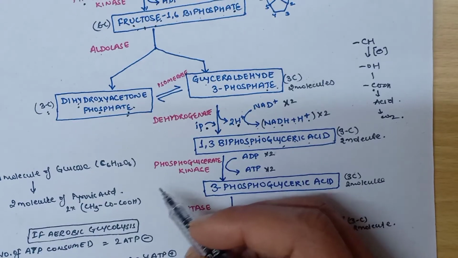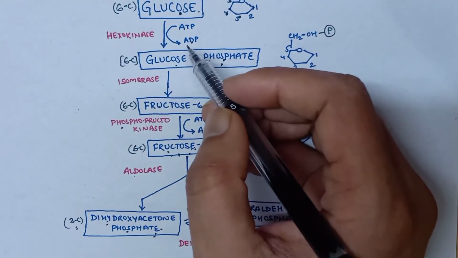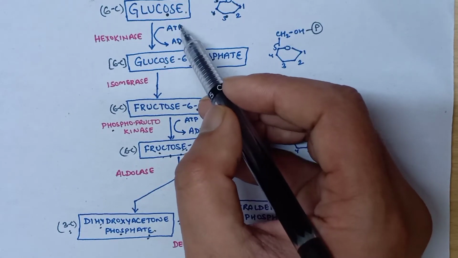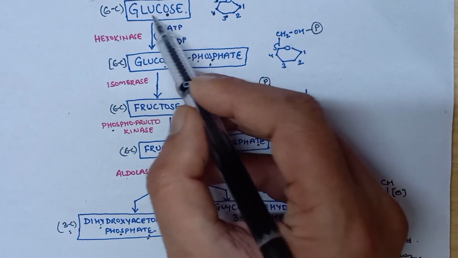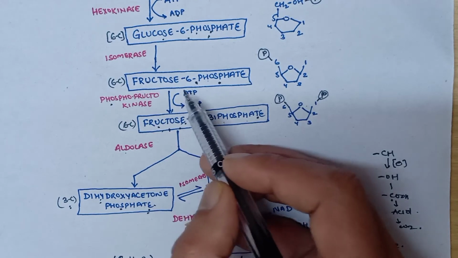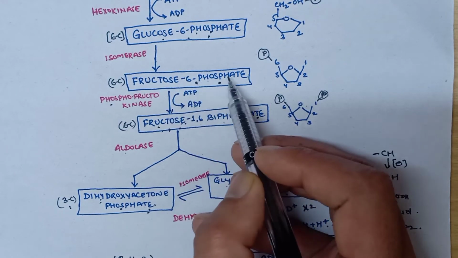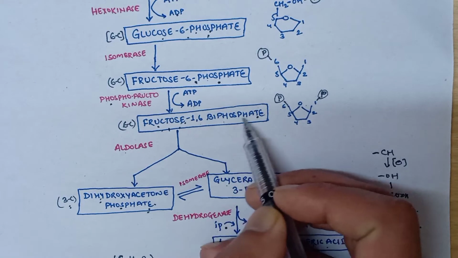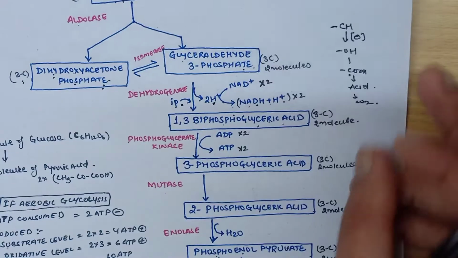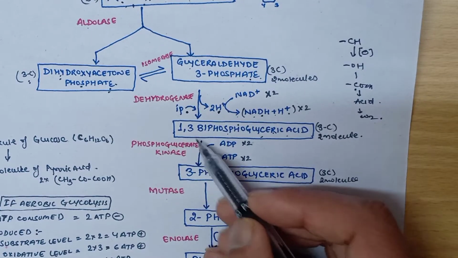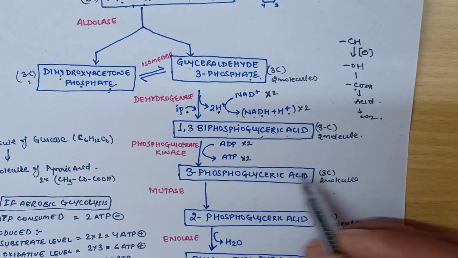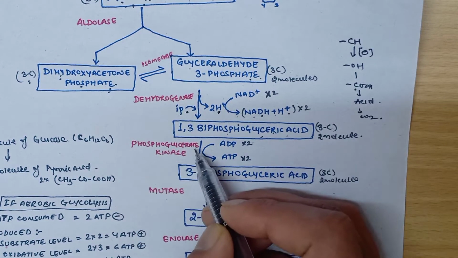Now coming to ATP calculation, we saw that the number of ATP consumed was 2. 1 ATP is consumed during the conversion of glucose to glucose 6-phosphate, and another ATP is consumed during the conversion of fructose 6-phosphate to fructose 1,6-biphosphate. Now ATPs are produced when 1,3-biphosphoglyceric acid gets converted into 3-phosphoglyceric acid in the presence of the enzyme phosphoglycerate kinase.